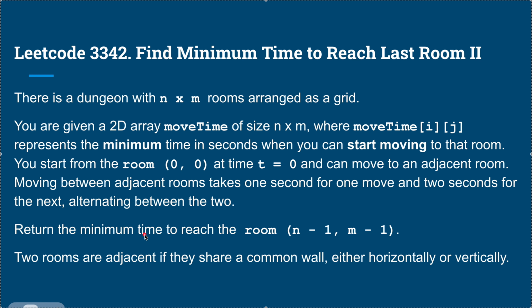Return the minimum time to reach the room (n-1, m-1), like the previous problem that we saw yesterday. You start from room (0, 0), the top left, and go to the bottom right. Two rooms are adjacent if they share a common wall, either horizontally or vertically.